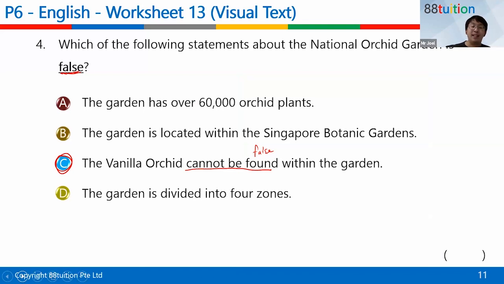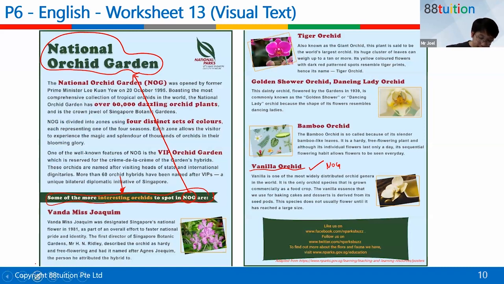Now let's have a look at D. Quite a lot of you picked D for false just now, which was the wrong answer. Why? Let's have a look. The garden is divided into 4 zones. This is actually true, but you have to do a little bit of deeper reading, because here it says National Orchid Garden is divided into zones using 4 distinct sets of colors.